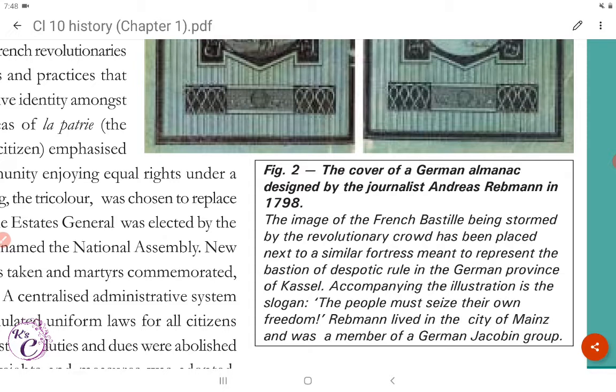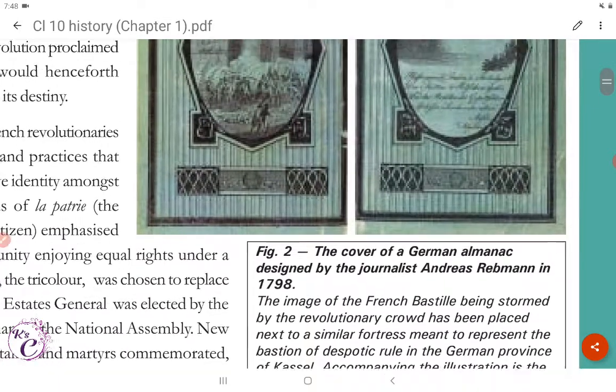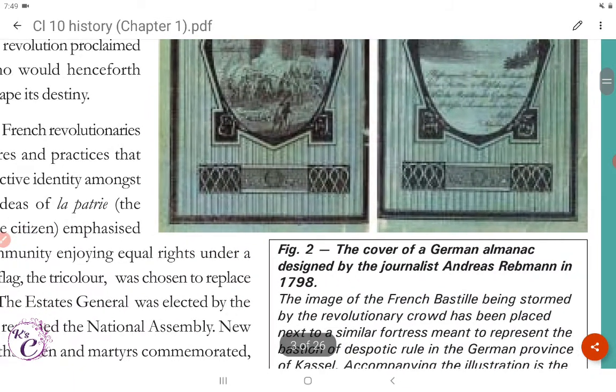Accompanying the illustration is the slogan, "The people must seize their own freedom." Rebmann lived in the city of Mainz and was a member of a German Jacobin group. So this is the design by a journalist named Andreas Rebmann.